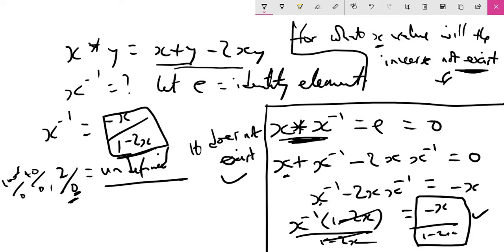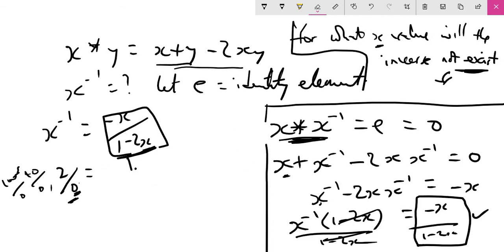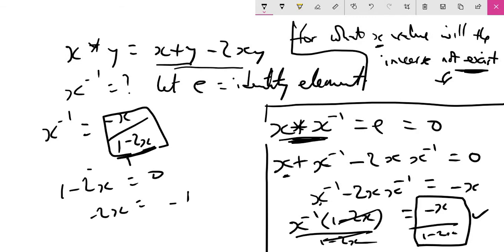Remember that it is the denominator being 0 that makes the expression undefined. So we take the denominator and equate it to 0 to find the value of x that will make the denominator equal to 0. So we say 1 minus 2x equals 0. Then you solve for x. So you have minus 2x equals minus 1, x equals half.